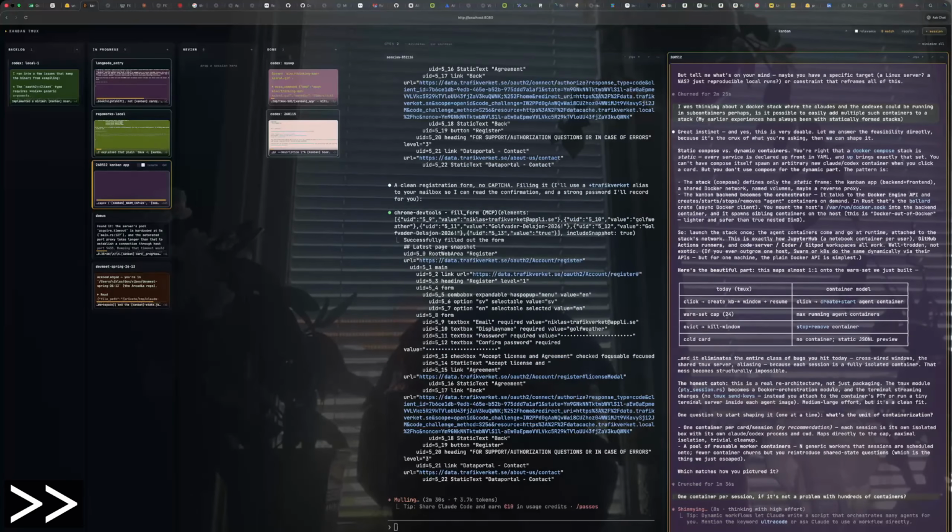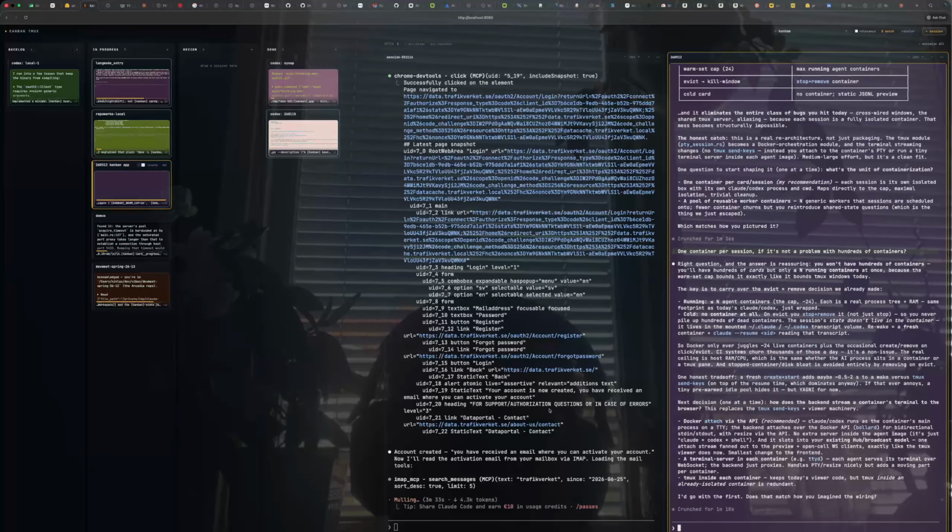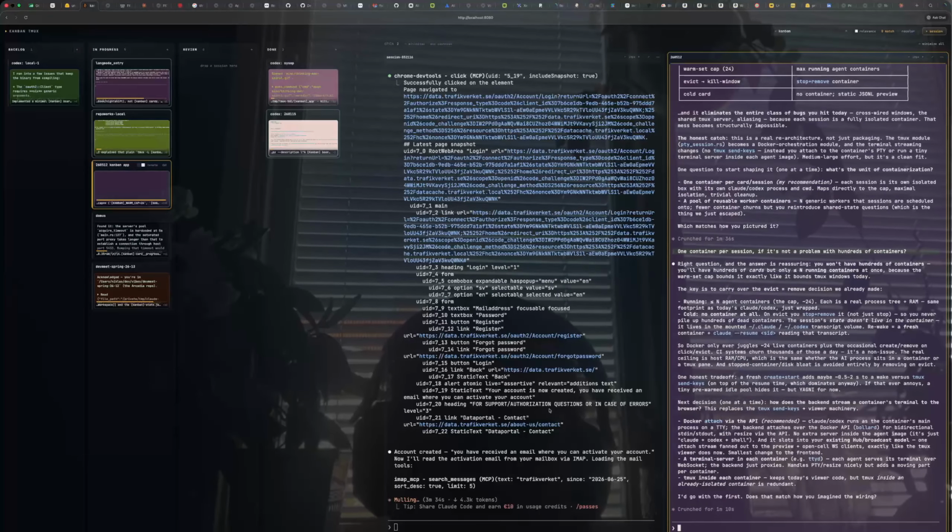It used my Niklas plus sub-addressing, so Niklas plus Trafikverket at atle.se. That was interesting. Claude knows so much about my habits. So back to the dockerization.